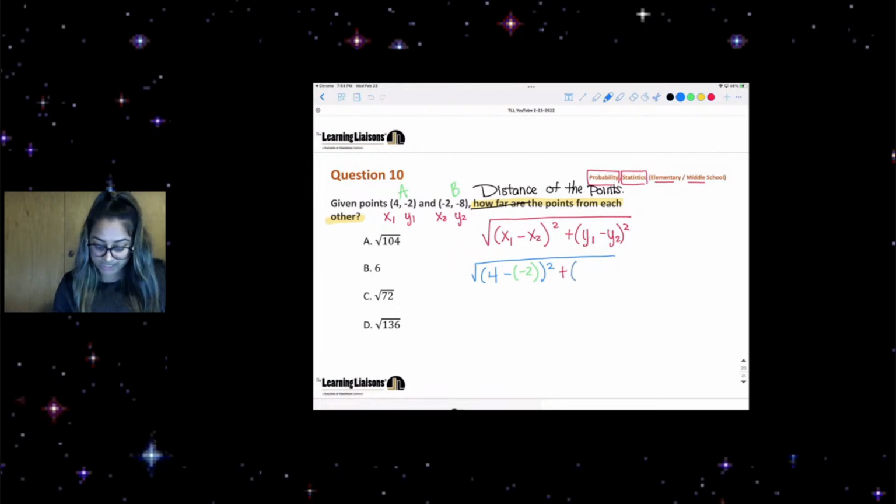So my y1 is negative 2, and I'm subtracting negative 8. And I'm squaring all of it. I like to keep my second x's and y's in parentheses as long as they are not positive, because what now happens? These two negatives become a positive.